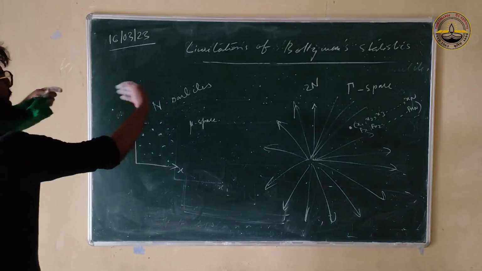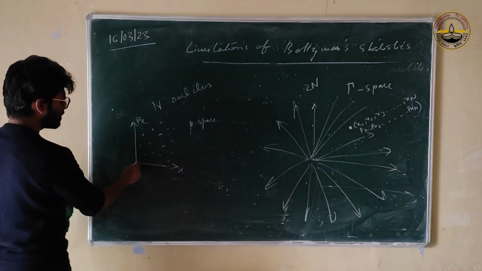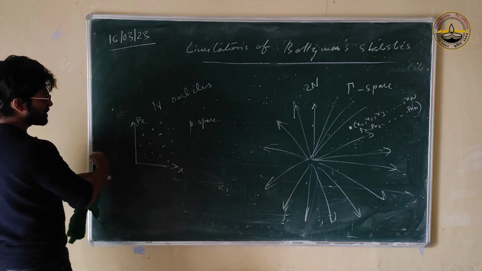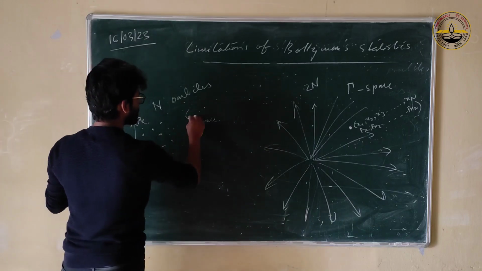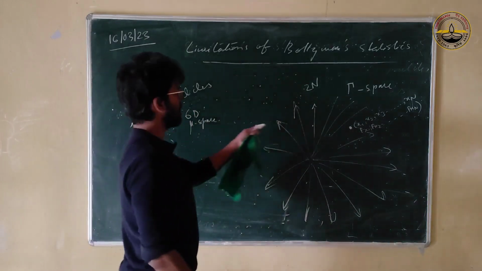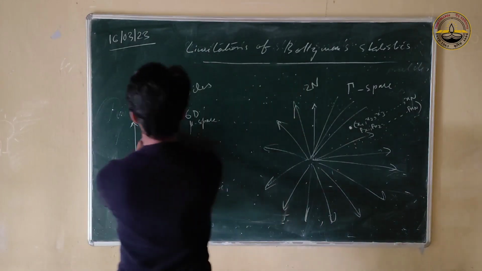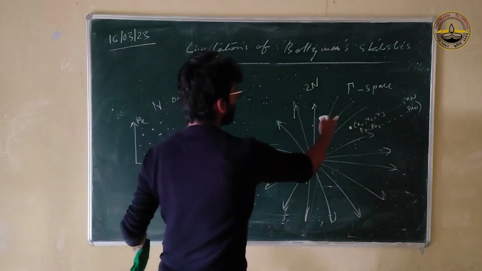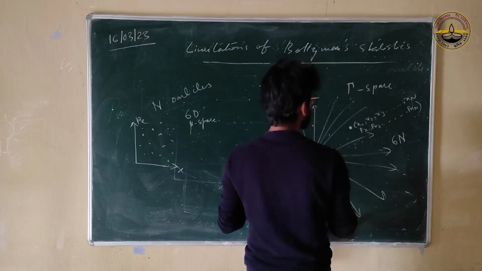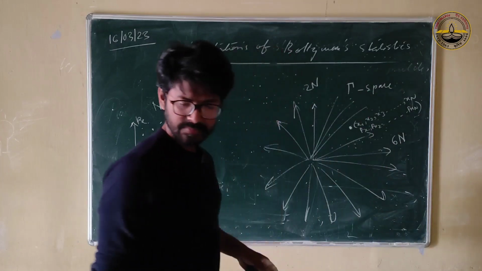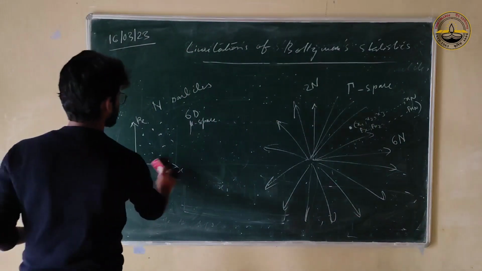Now, if you go to three dimensions, there will be x, y, z and px, py, pz. So this will be a 6D space with n points, or there will be 6n axes and only one point.